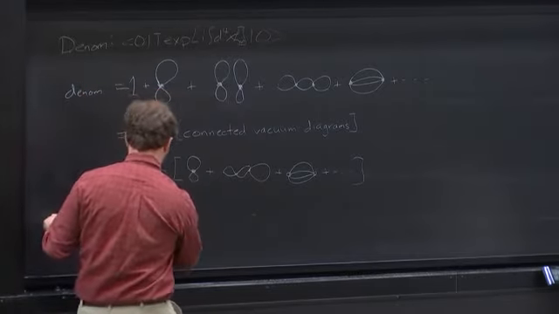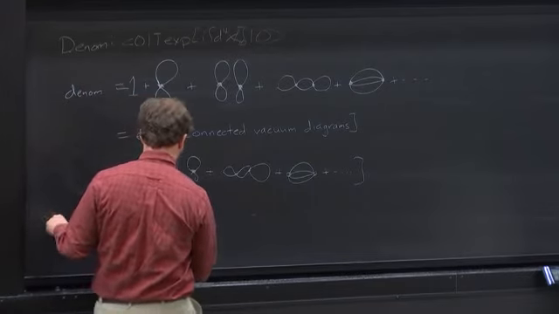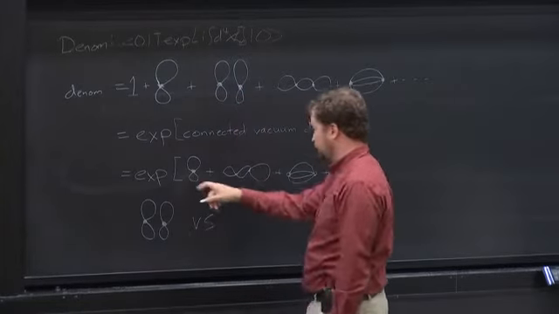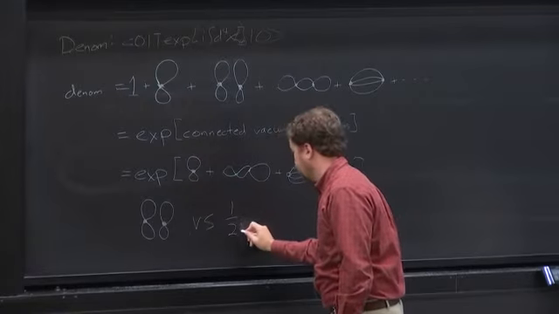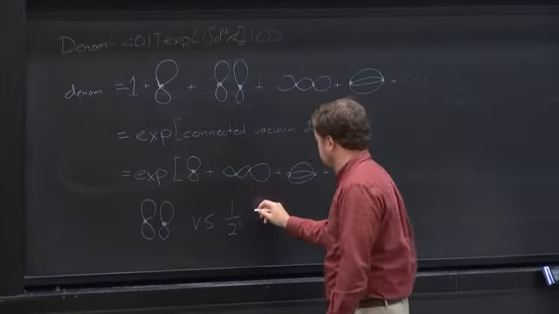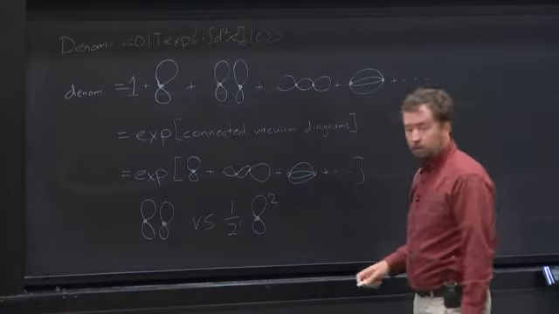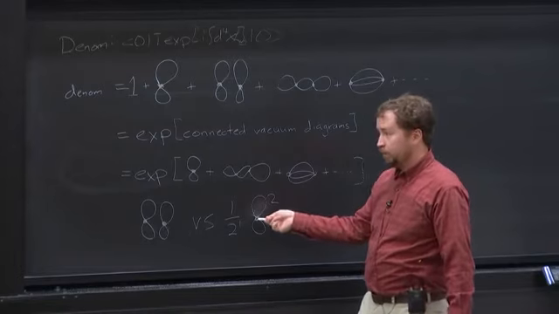So we have this diagram. It's a single diagram. And we want to compare that versus the term that comes from the second order expansion, which will have a 1 over 2 from the second order expansion of the exponential times this diagram squared. This is a single diagram squared.